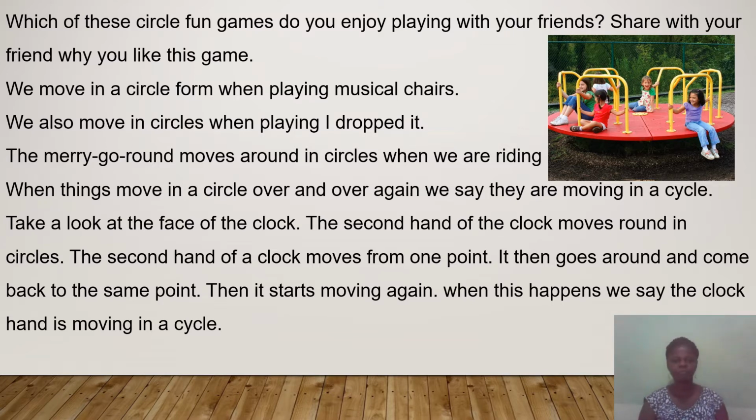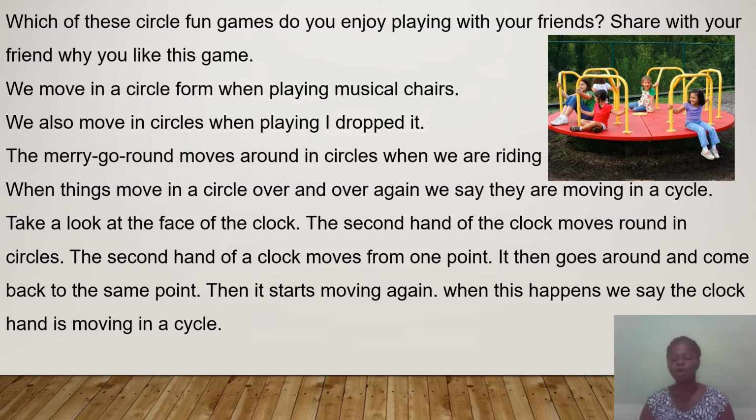Okay, now when things move in a circle over and over again, we say they are moving in a cycle. When things move in a circle, we say they are moving in what? A cycle. Now let's take a look at the face of a clock.